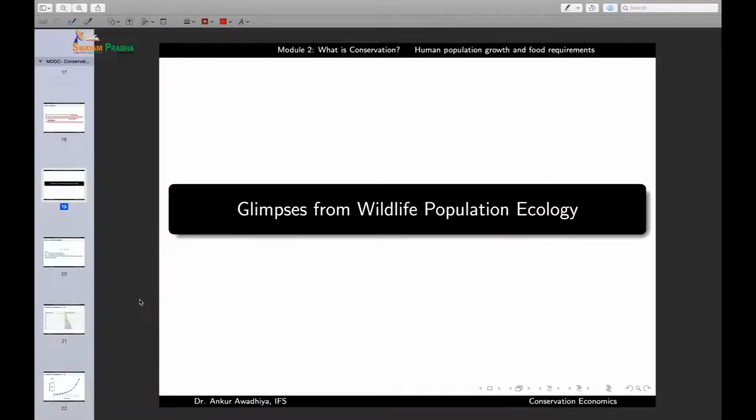So, a good understanding of the levels of population and what causes population changes is crucial for wildlife management. And a lot of studies have been made in the case of wildlife population ecology. So, can we make certain assumptions, or can we understand some of these phenomena from wildlife population ecology?